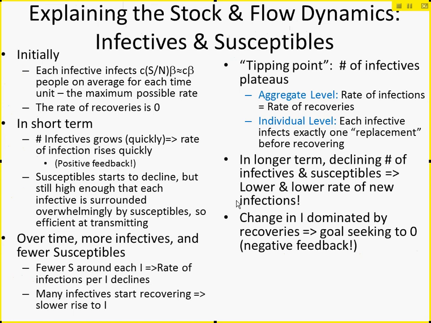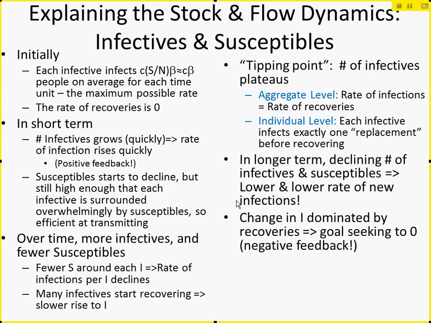Say per day, they're mixing with 100 people, and of them, 100% are susceptible. And each of those 100 people, they have a 4% chance of spreading the infection. On average, they're infecting how many people per unit time? 4, right? 100 times 100% times 0.04. 4 people per unit time.